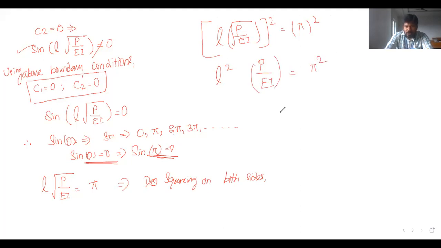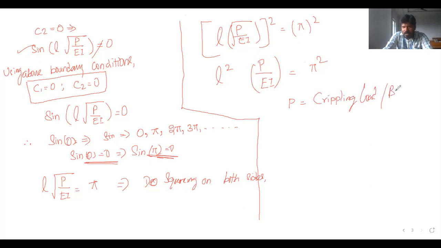Now I need Euler's crippling load for the end condition of both ends hinged. P is nothing but the crippling load or buckling load, that is Euler's crippling load.